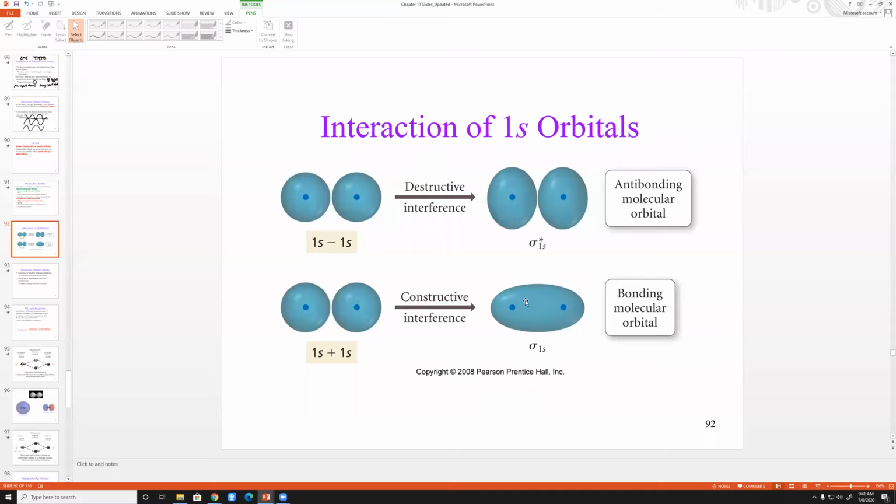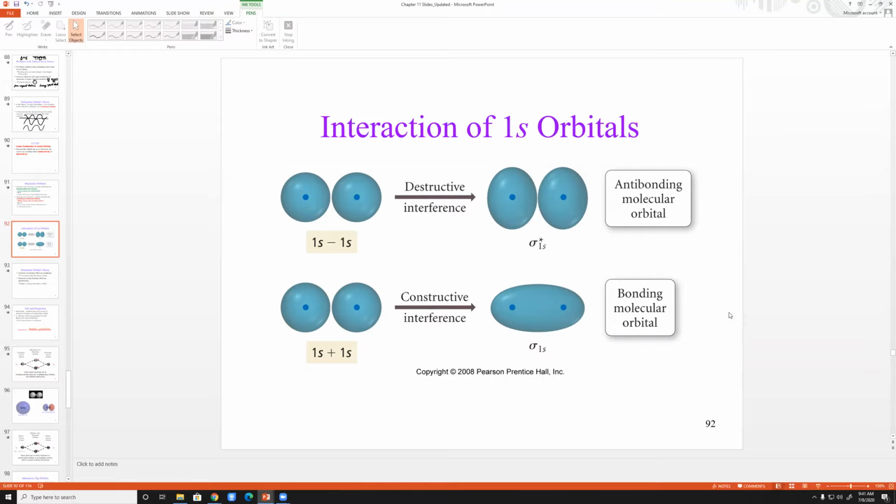Why? Because of quantum physics, but they determined that it's lower energy and the atoms are happier when you have constructive interference of electron waves. That makes the bond occur. Therefore you have an orbital called a bonding molecular orbital.